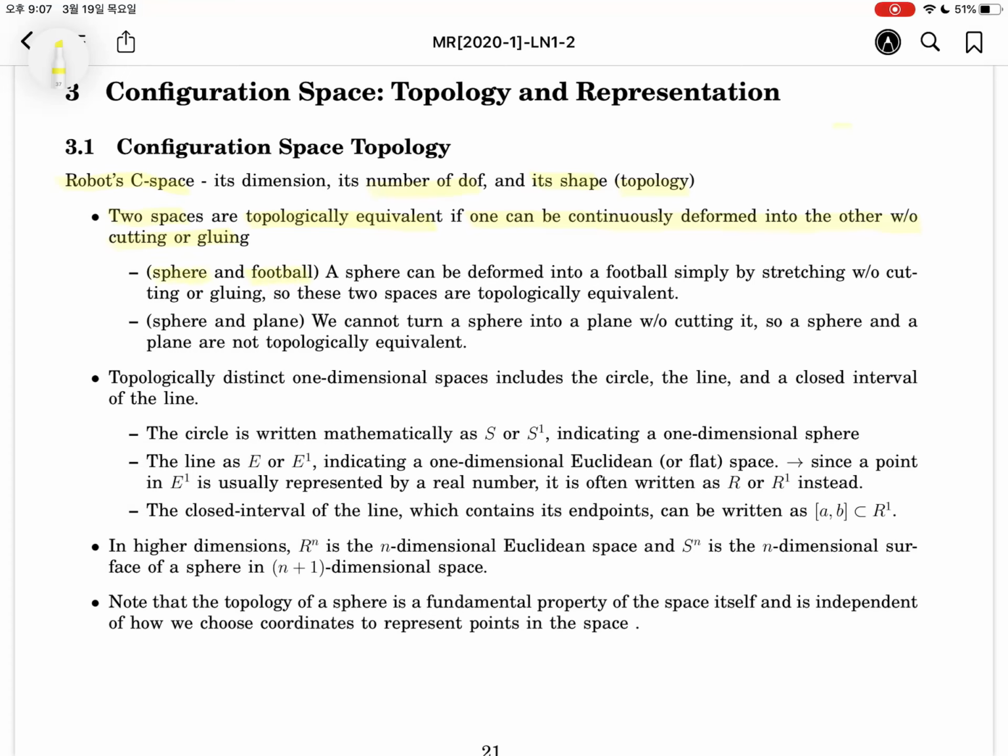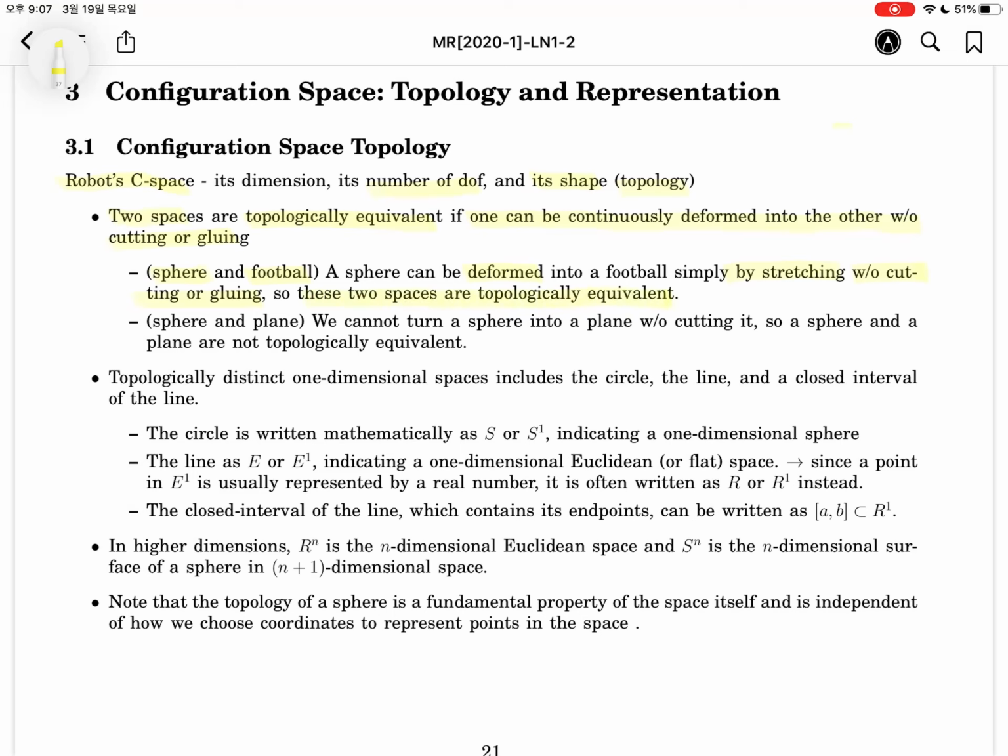Okay, let's consider the sphere and the football. Maybe you know the football is an oval shape ball. The sphere has the same radius. The sphere can be deformed into the football simply by stretching without cutting or gluing.